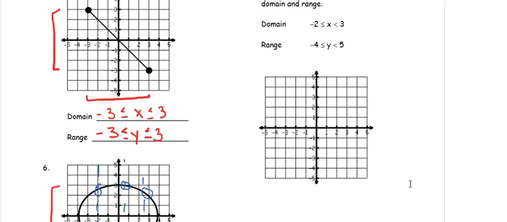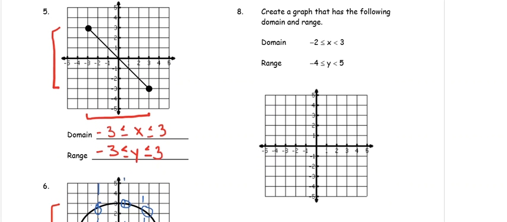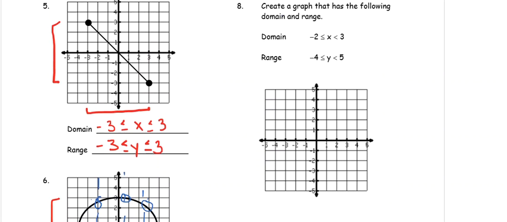Okay. And last problem in the notes. Create a graph that has the following domain and range. So what I'm going to do is kind of do what we were doing before. This time I'm just going to draw what they're saying. So it's going to be from -2, including -2 because of that equal sign. So I'm going to just draw a dot here so I know. And it goes to 3, open circle. So we know this is how it looks horizontally.